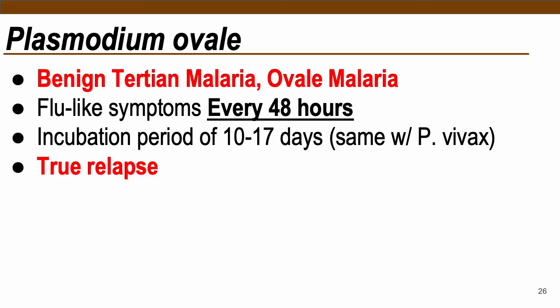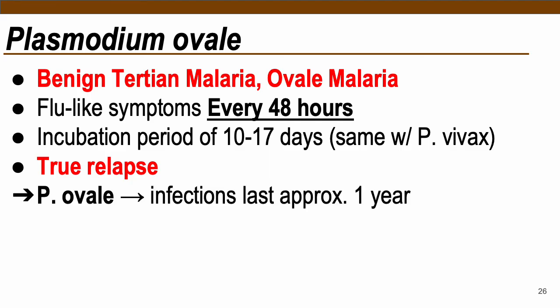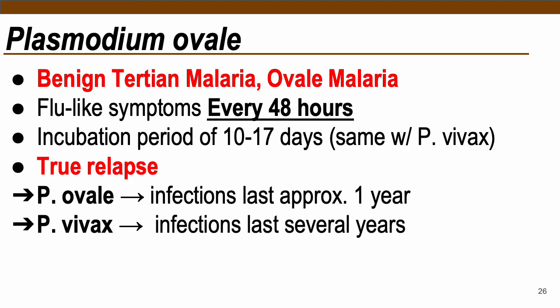For the relapse, this undergoes relapse as well, just like P. vivax. They can produce dormancy within the liver cells and may attack several months or years after the initial infection. So remember, for Plasmodium ovale, the infection may last approximately 1 year, while for P. vivax, the infections may last several years.